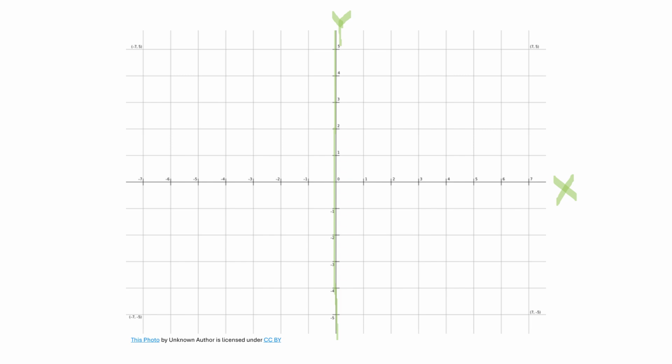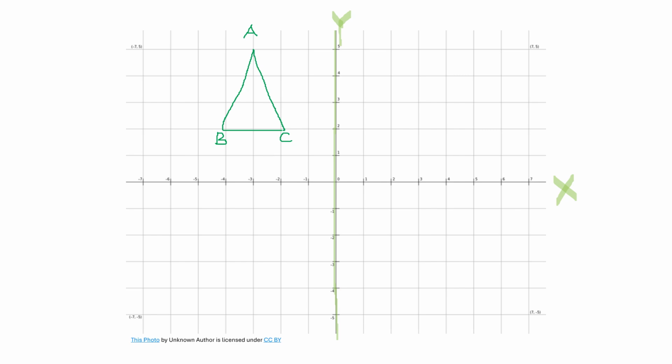I want to take it a little higher. There is my image, which is a triangle once again. So this is A, B, and C. Now they ask me to reflect it across the y-axis.